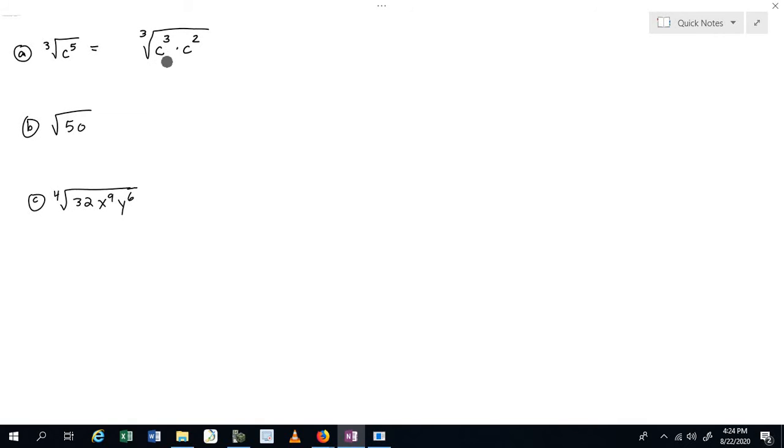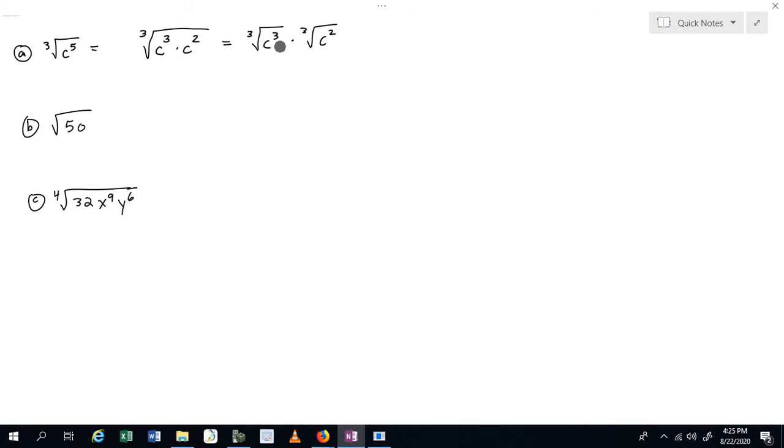But the reason I'm writing it like this is because you can simplify the c cubed part. In fact, you can break this up as the cube root of c cubed times the cube root of c squared. Those are equal.